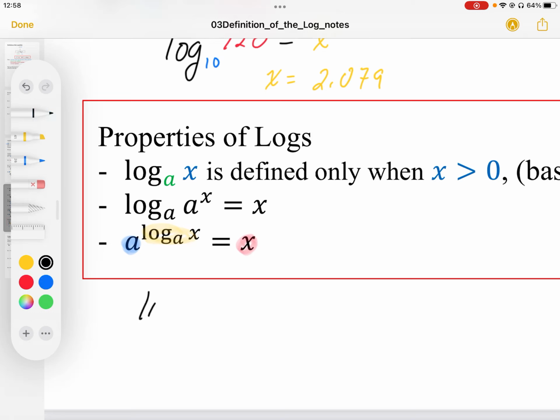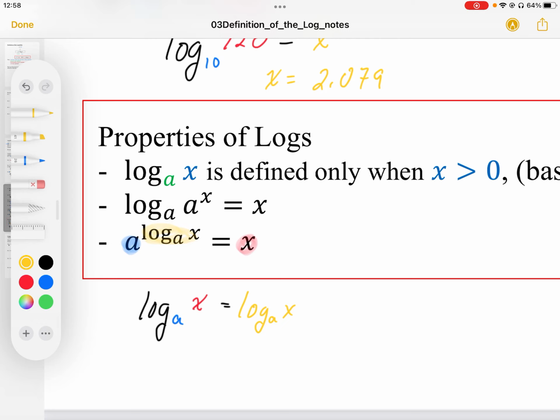I'm going to start with log base A of the argument x is equal to the exponent, which is log base A of x. So again, based on the definition of log, we can rewrite it and see that this is an equality.